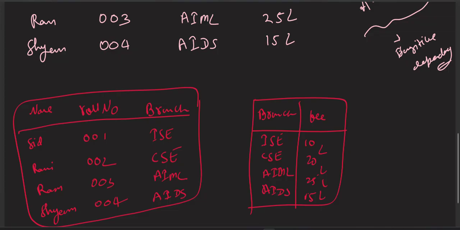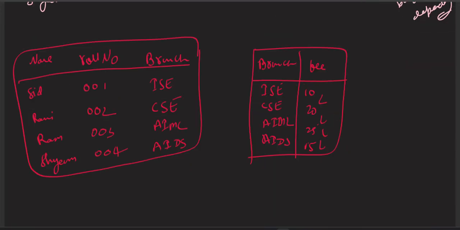So let me write down some advantages of three normal form. First advantage of 3NF is remove transitive dependency.